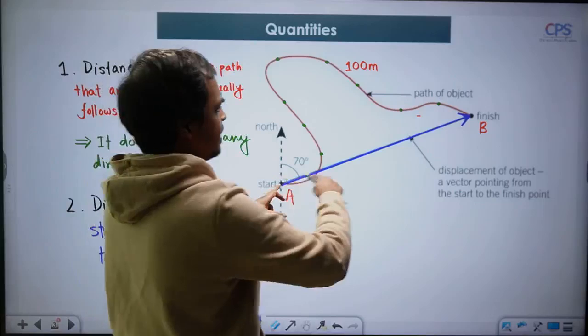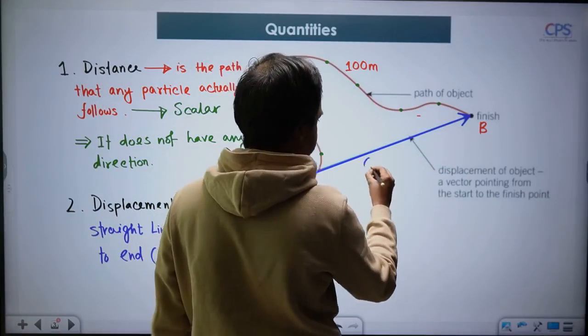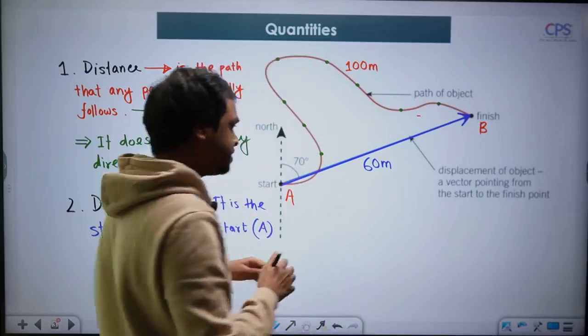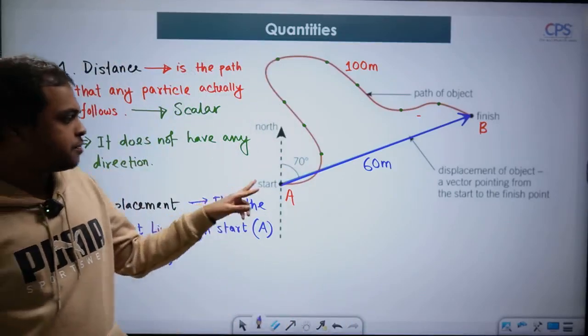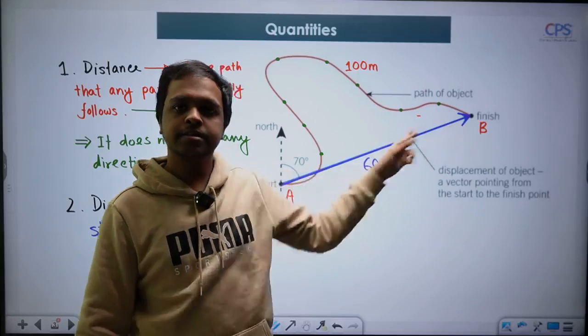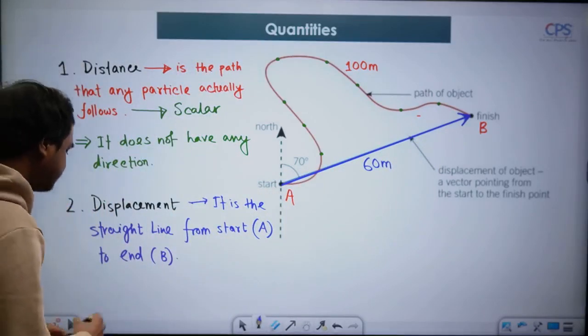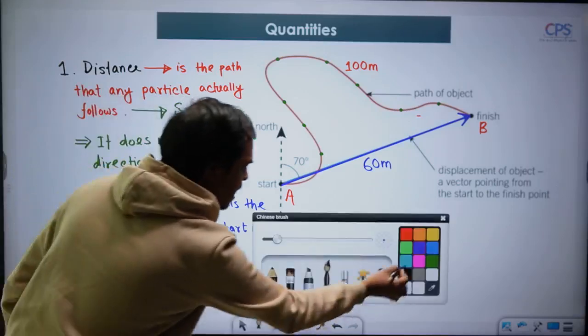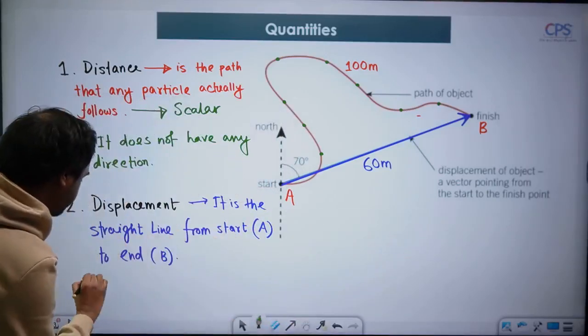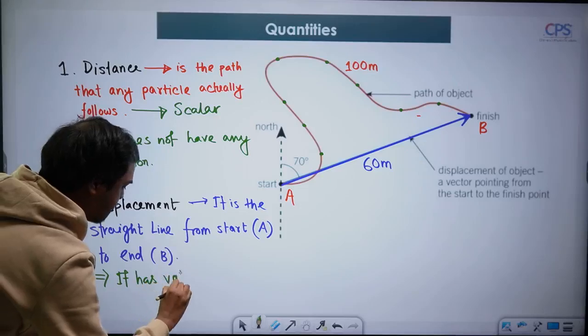Let's assume this value is about 60 meters. So I can tell you that from the start position, the ending position is 60 meters away. So it has a value.